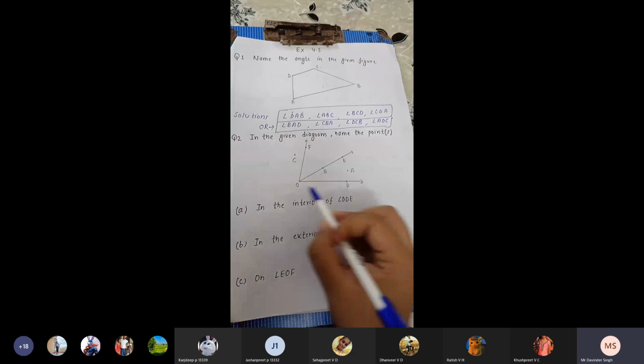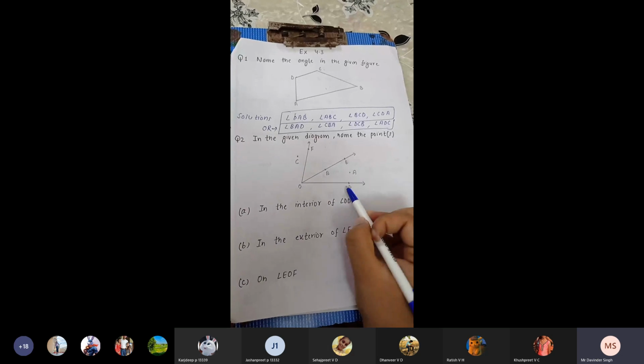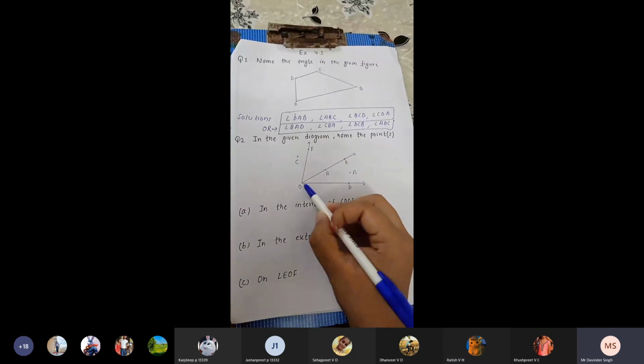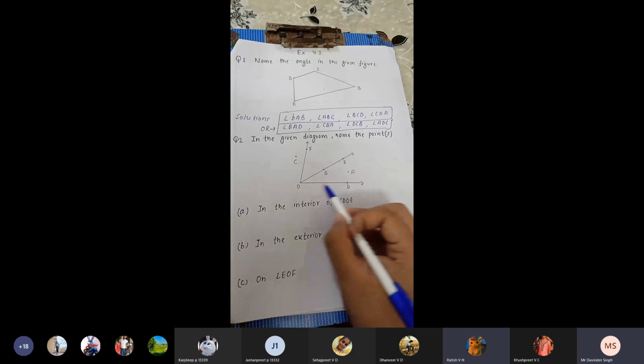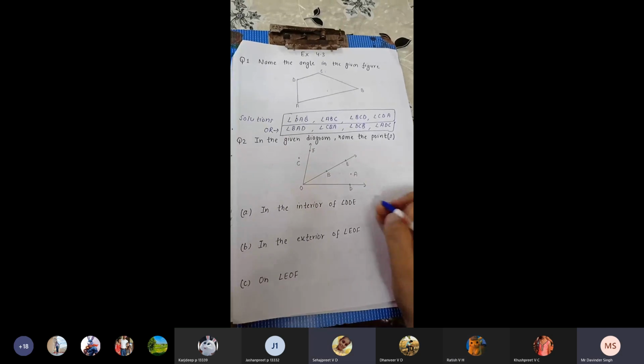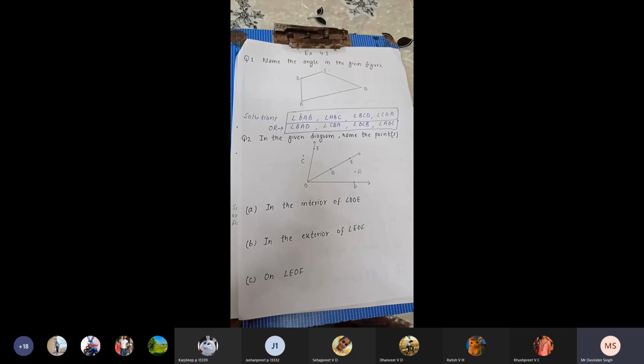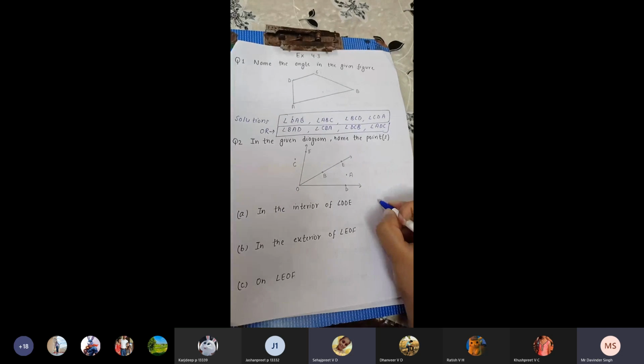Here is D, O, and E. So here the question is talking about this angle. So can you tell me? Yes, Sir, here it is A. So in interior of the angle DOE is point A. So here the answer will be point A.